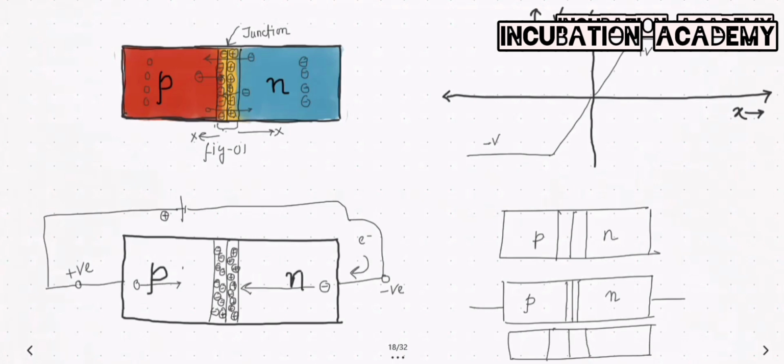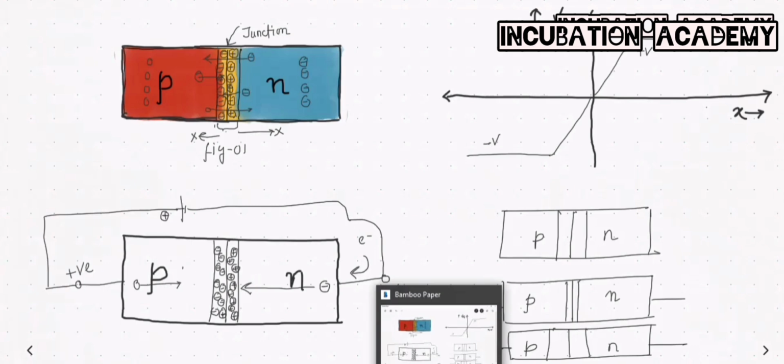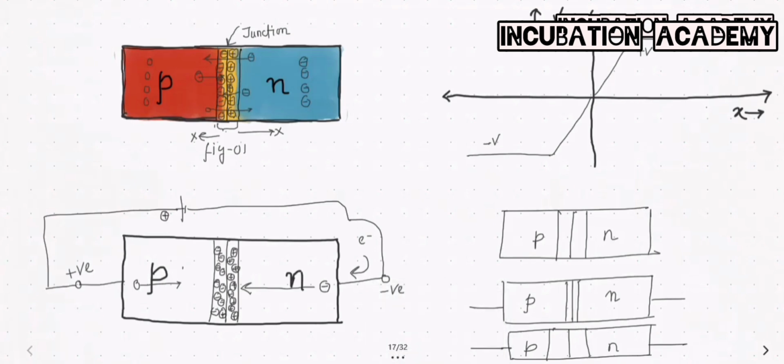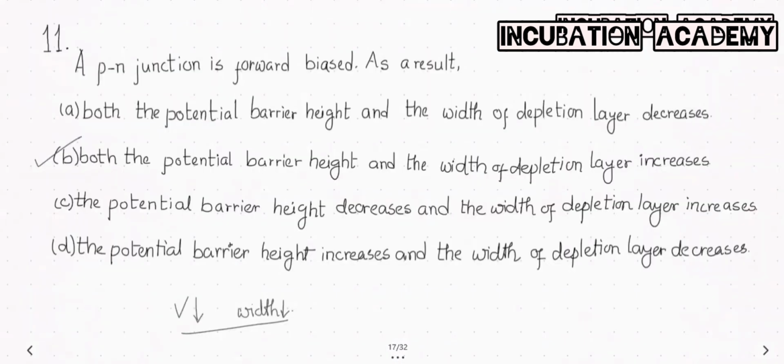Then the current flow through this conducting bar decreases, or after a certain value it completely cuts off. That's why the diode can be used as a rectifier, for unidirectional current flow. So option B is the correct answer.